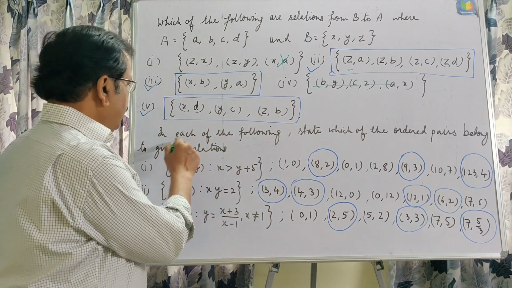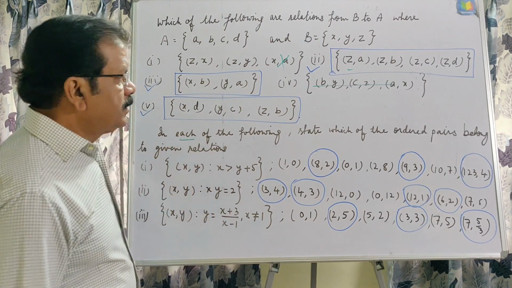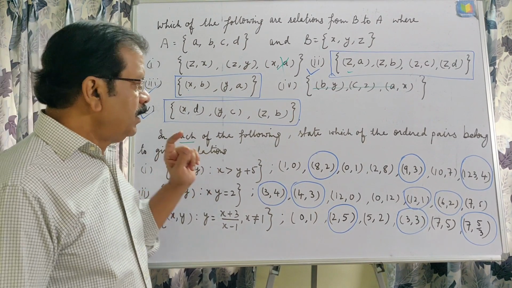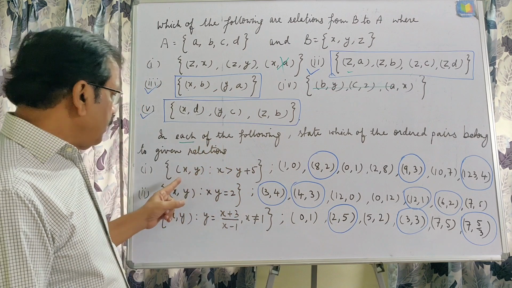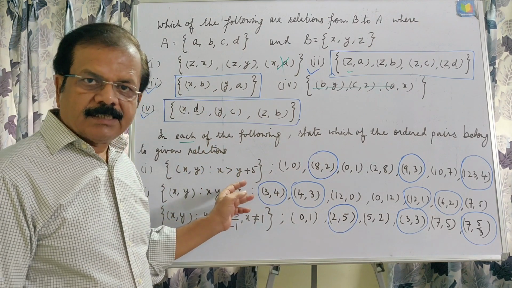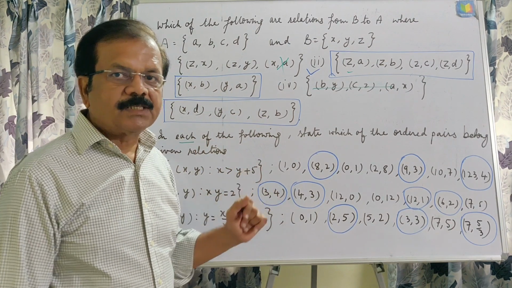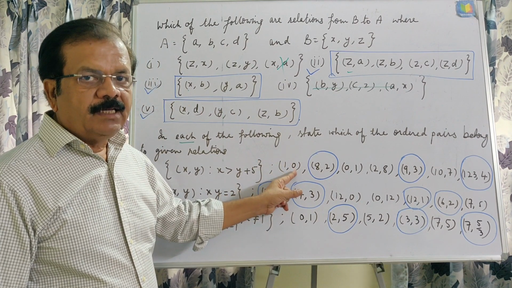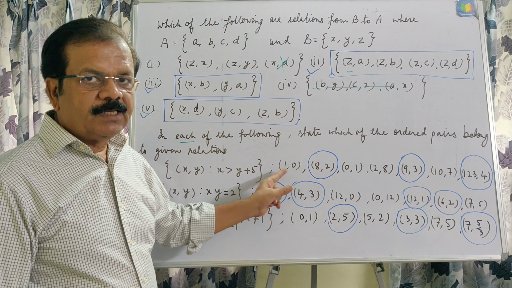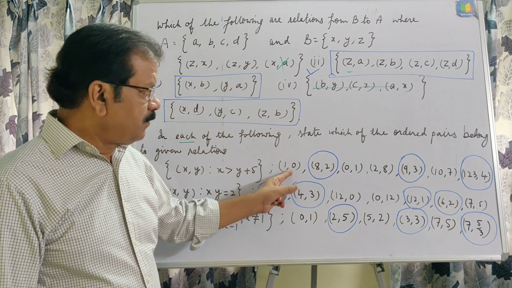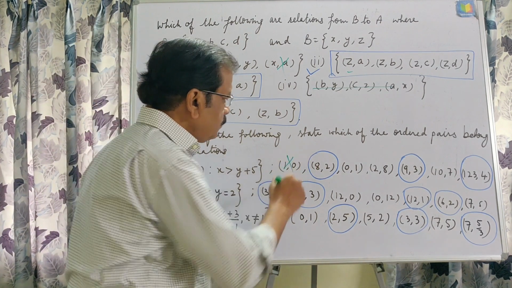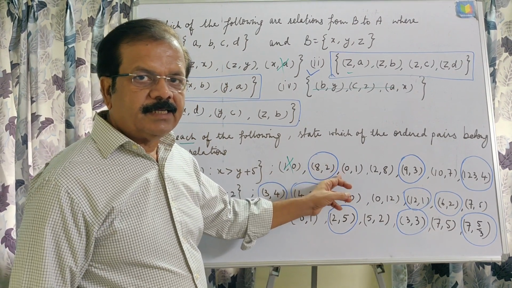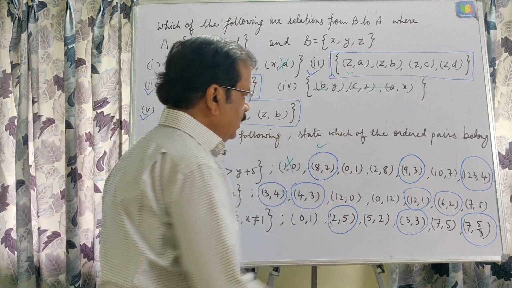Now the second question: in each of the following, state which of the ordered pairs belong to the given relation. We are given the relation x greater than y plus 5, so we see here 0 plus 5, and 1 is less than 5, so this will not be taken. 2 plus 5 means 7, 8 is greater than 7, and so this is correct.